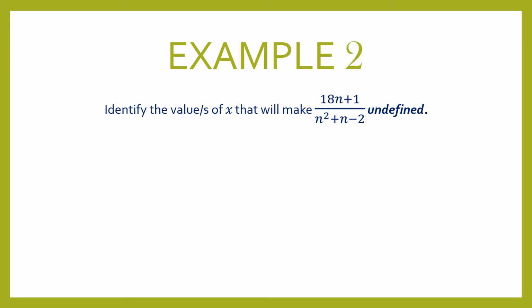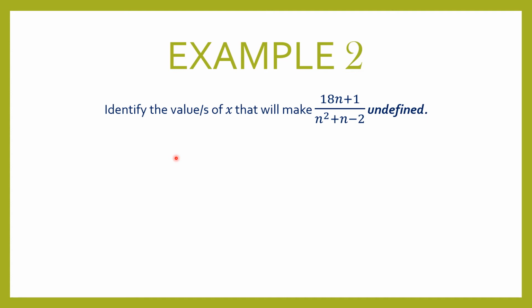So, second example, identify the value or values of x that will make 18n plus 1 over n squared plus n minus 2 be undefined. So, lagi niyong tatandaan kapag ang tinatanong, kailan magiging undefined yung given expression, ang lagi niyong titignan na part ng algebraic expression ay yung denominator.